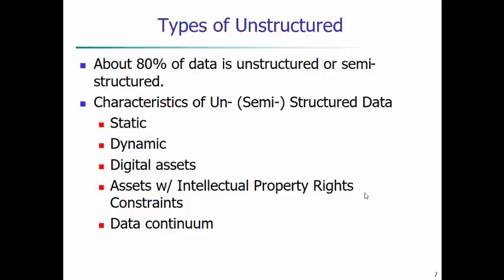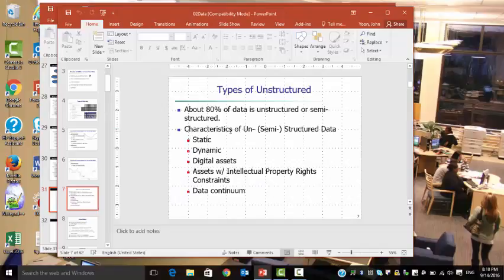Oh, wait a minute. Okay. Now I know. This is not characteristics, but this is an example of unstructured data. I think this is types of unstructured data. Right? It's not characteristics, but types.